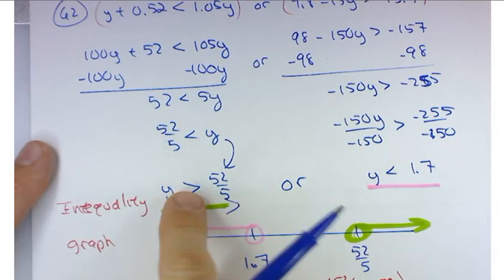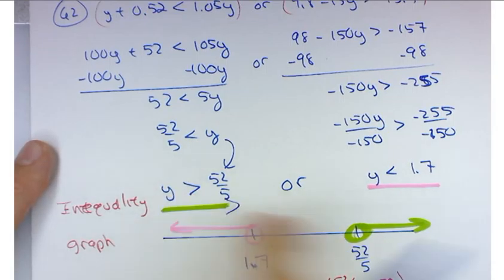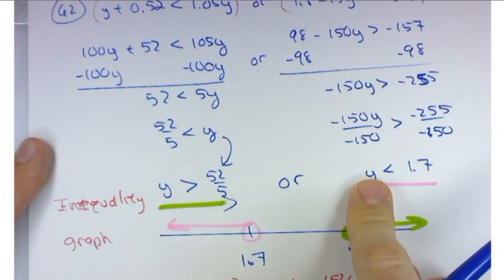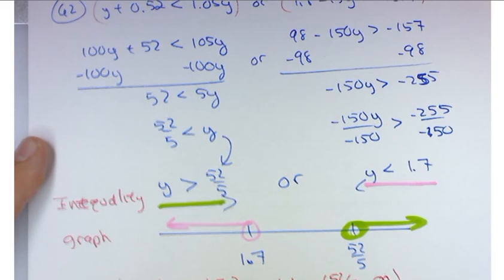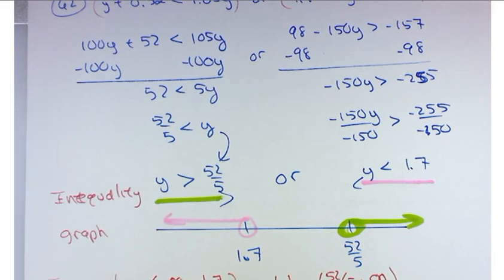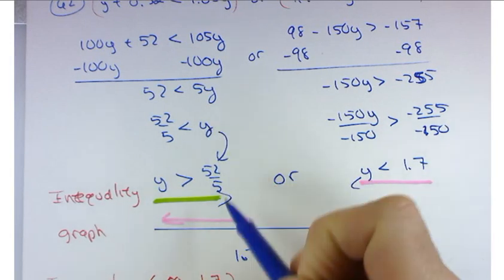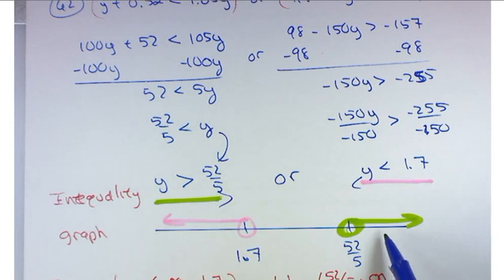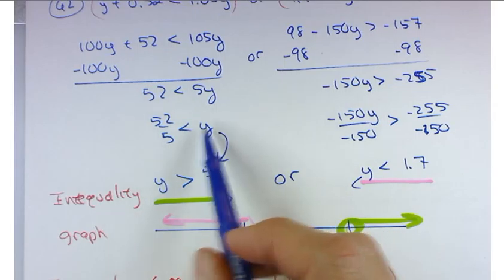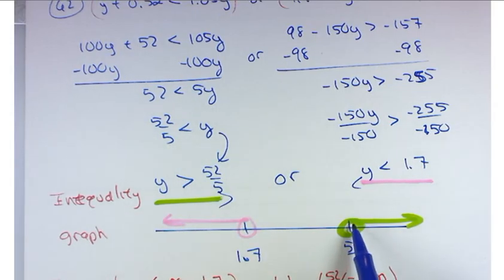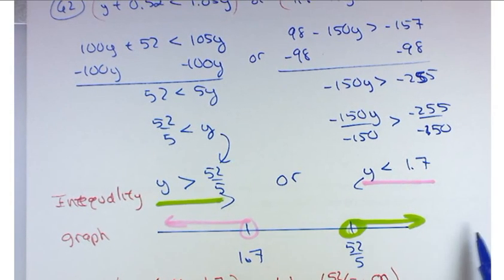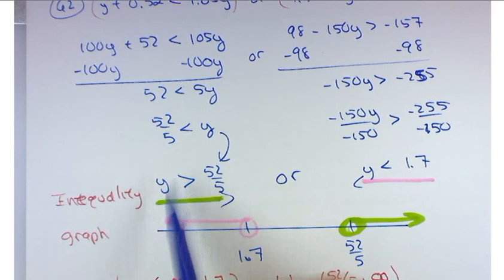So this arrow points to the right, my graph points to the right. This arrow points to the left, my graph points to the left. So it's kind of a nice symmetry. That's why I flipped that around. This tells me the same thing as this. It says y is bigger than 52 over 5. So I want the bigger numbers, they're going to be to the right. But I just like it that way better.